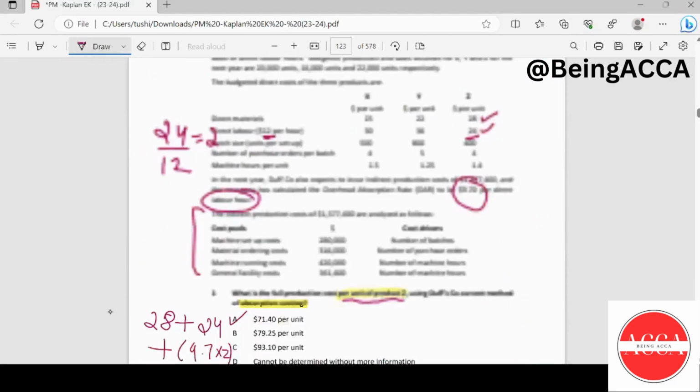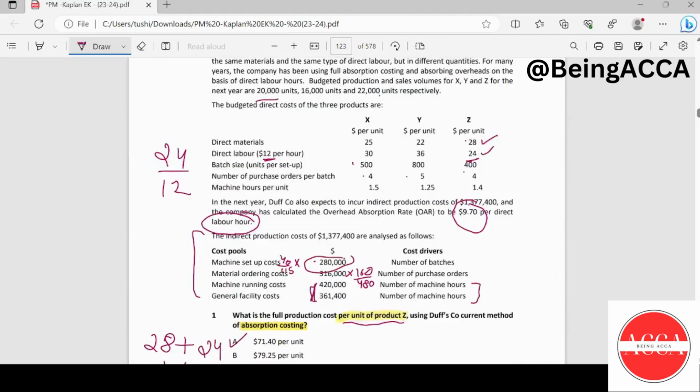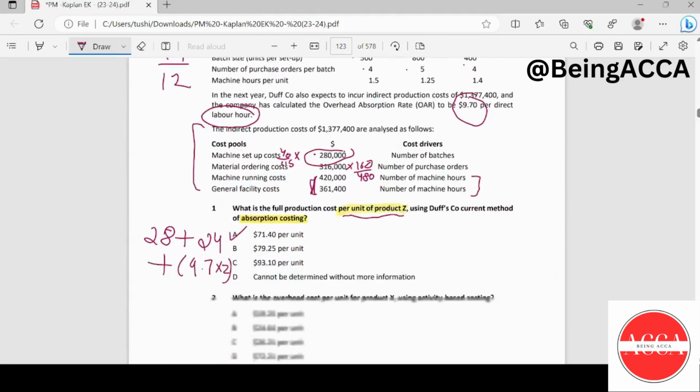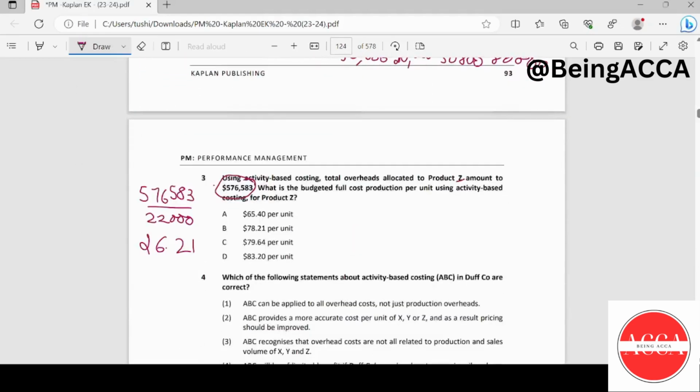Product Z. So it is 28 and 24. So this comes out to be 28 plus 24 plus 26.21. If I add these figures up, I will get my answer as 78.21, which is B.